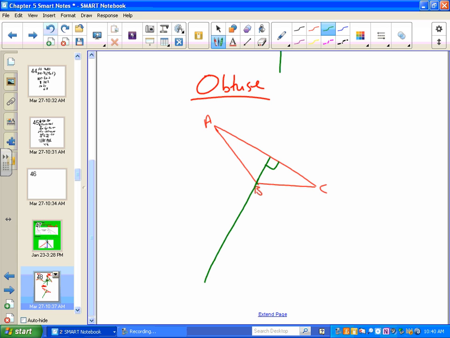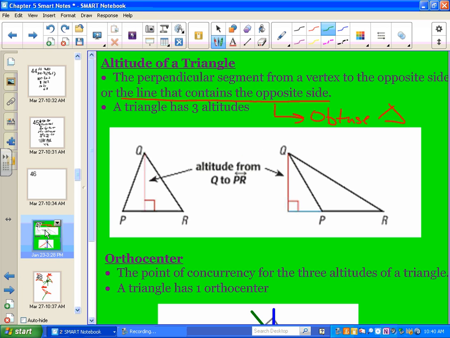Now, whenever I draw my altitude from vertex A to BC, it is impossible for me to draw a line perpendicular, starting from that vertex, going to the opposite side. That's when this part of the definition kicks in, the line that contains the opposite side. Remember, a line segment is just part of a longer line, hence why we call it a segment.